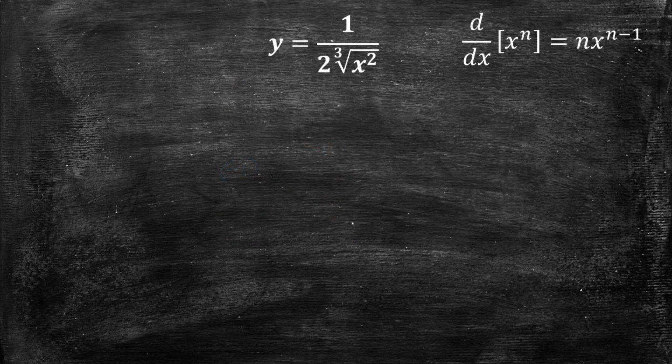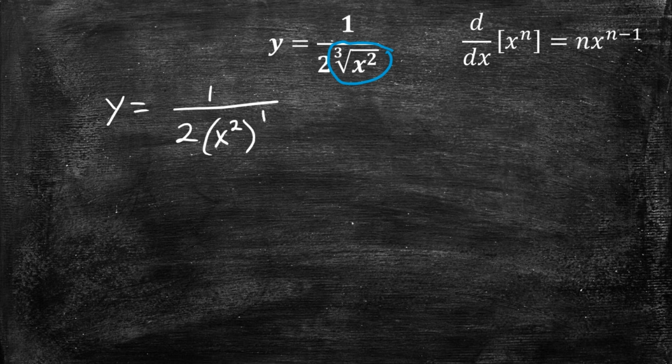Example number 3. So we have this right here, this equation. And what we're going to do first is just rewrite it just to simplify it to make it easier on us. So that is 1 over 2. And now this term right over here can be written as x squared raised to the 1 over 3.